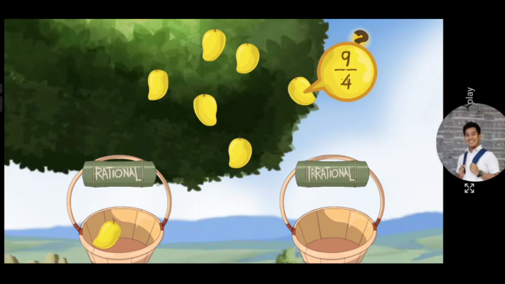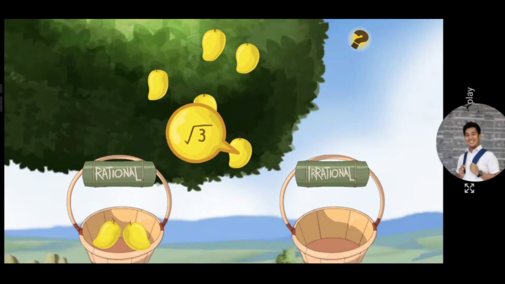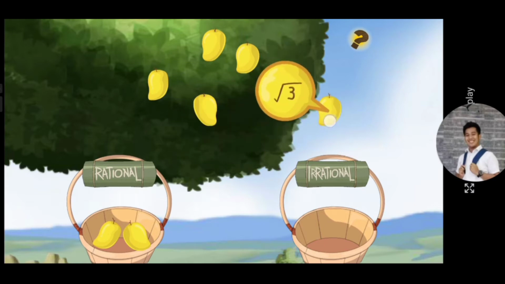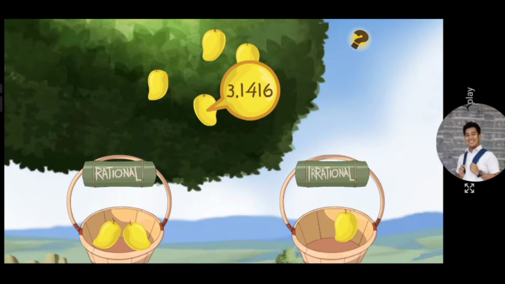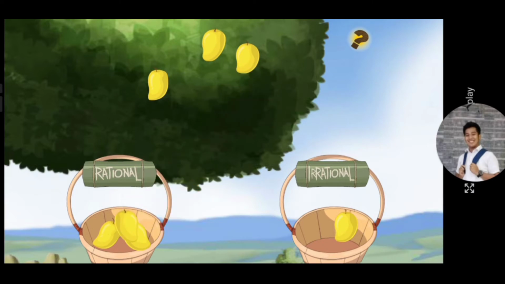9/4. So let's drag it to its place. Great work. It's correct, it's rational. Continue, you have square root of 3. It is irrational. Very good. Continue. 3.1416, it is irrational.